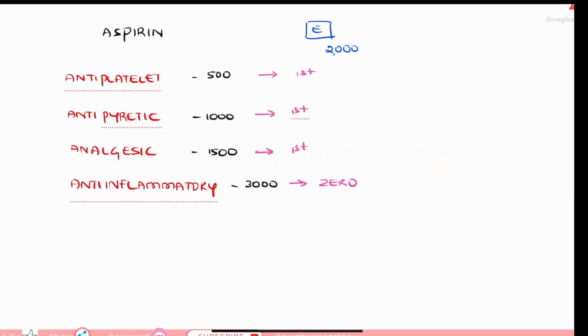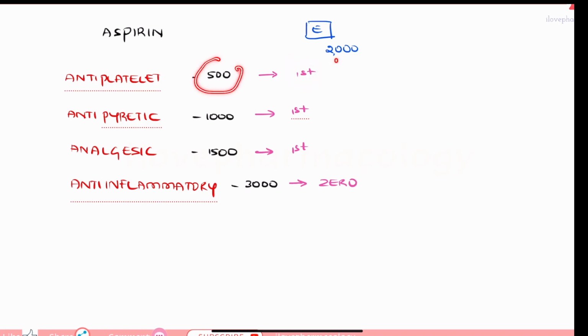Let's suppose the body has 2000 enzymes for the metabolism of aspirin, and antiplatelet action is produced at 500 molecules of aspirin, 1000 for antipyretic, 1500 for analgesic, and 3000 for anti-inflammatory. Initially, at the therapeutic dose, it follows first order kinetics.